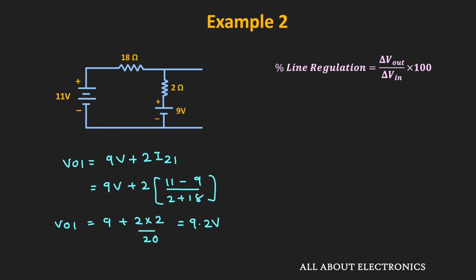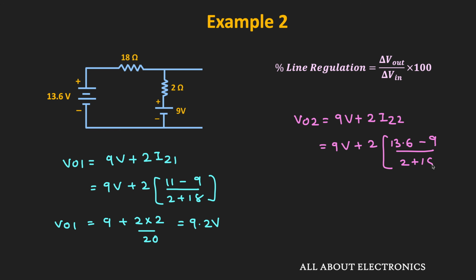Similarly, let us find the value of VO2 when the supply voltage is equal to 13.6 volt. And earlier at the no load condition, we have already found the value of this VO2. We have seen that this VO2 is equal to 9 volt plus 2 times IZ2, and that is equal to 9 volt plus 2 times (13.6 minus 9) divided by (2 plus 18 ohm), and we have seen that that is equal to 9.46 volt.